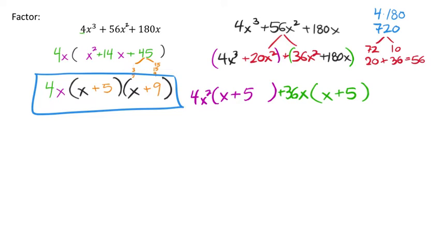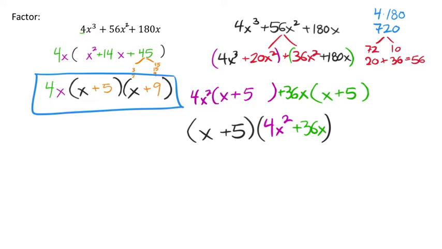So here's what happens from here, though, is that from these 2 terms, I can factor out an x plus 5, which we can see in the answer. But what I'm left with from the first term there is 4x squared, and then the second one is a 36x. So it doesn't quite look like the answer that we got, but we see that this second binomial that I have can be further factored.